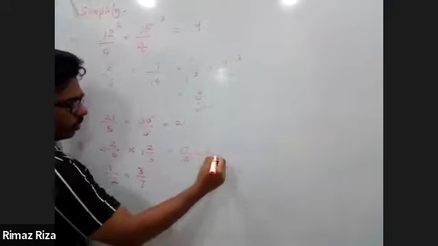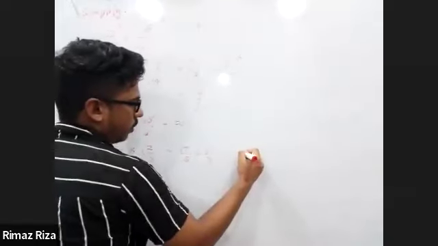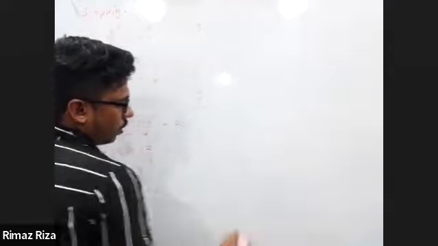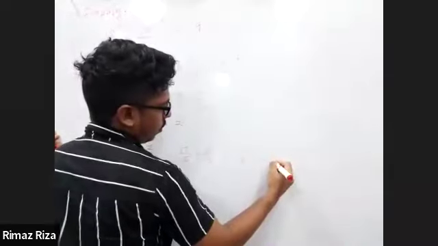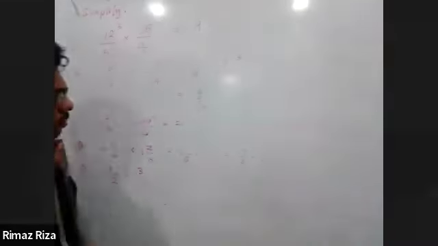So this 5 and this 5 cancel. The answer is 17 over 3, and write as mixed number, 3 into 5 plus 2.